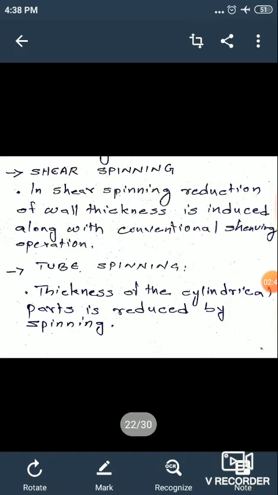In conventional spinning operation, the area of the final component is approximately equal to the flat sheet metal blank, without reducing the wall thickness. Whereas in the shear spinning process, reduction of wall thickness is induced. Here we can see a reduction of wall thickness.